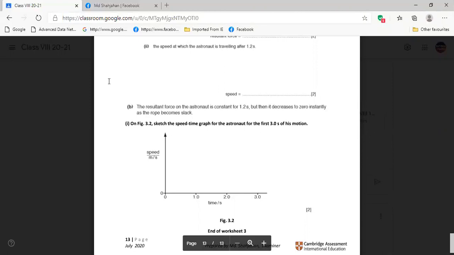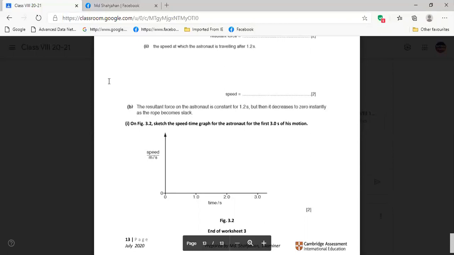So if it is 0.42, that means you have to label it in the sketch, in the graph. You have to label the speed and time. The time is 1.2, that one you have to label.